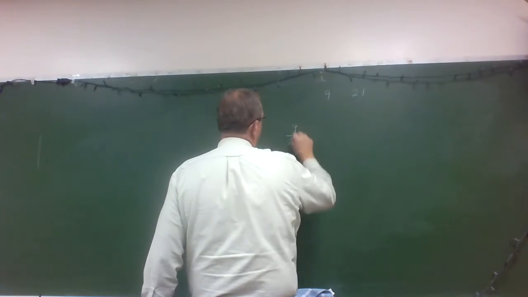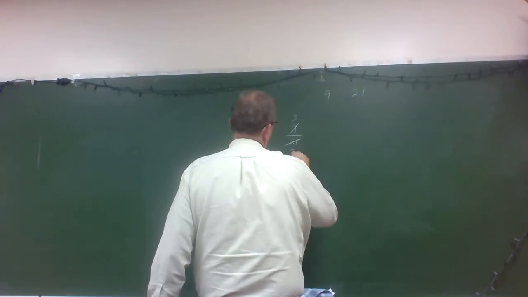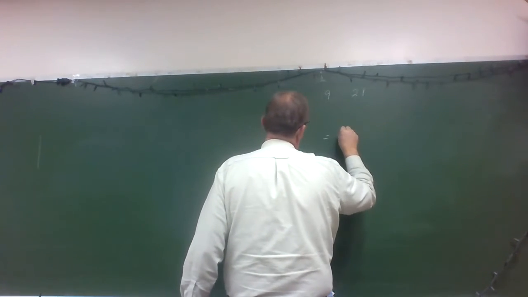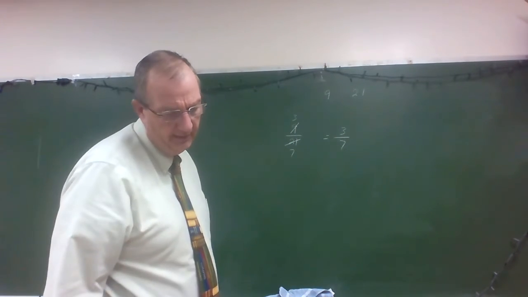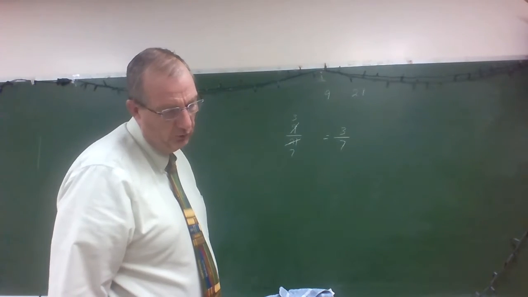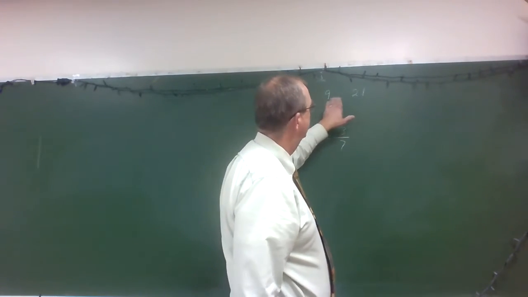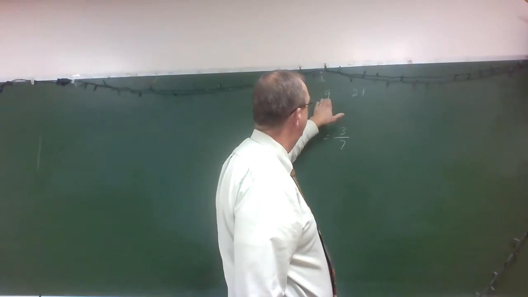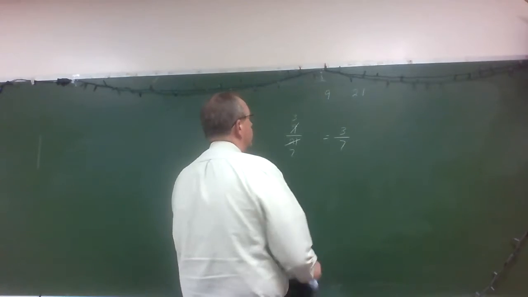You're going to reduce. 3 goes into 9 3 times, goes into 21 7 times. So your answer is going to be 3/7. Okay, that's how you're going to work those. This is a fractional part of this. You put this over this and reduce. Okay.